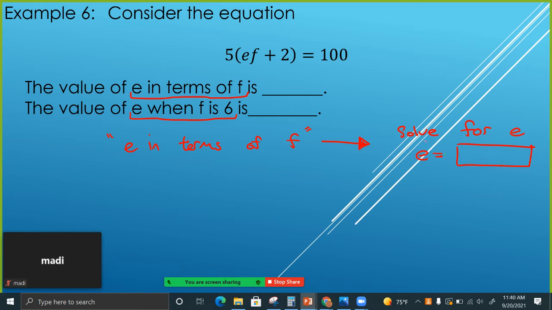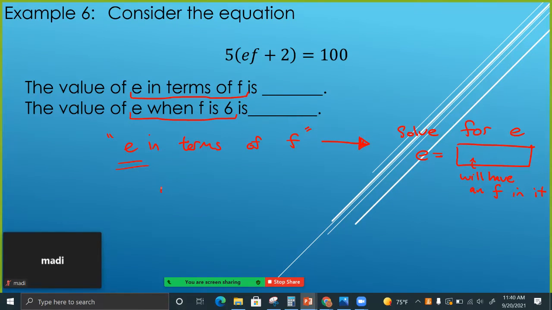And we have to figure out what is that stuff. The in terms of F, that means that the stuff will have an F in it. It's the other variable or the other variables will be on the other side. So if you see that phrasing, E in terms of F or a number in terms of a number, basically the first one you see, we solve for that. So what they're asking us to do here is write this as E equals the stuff.